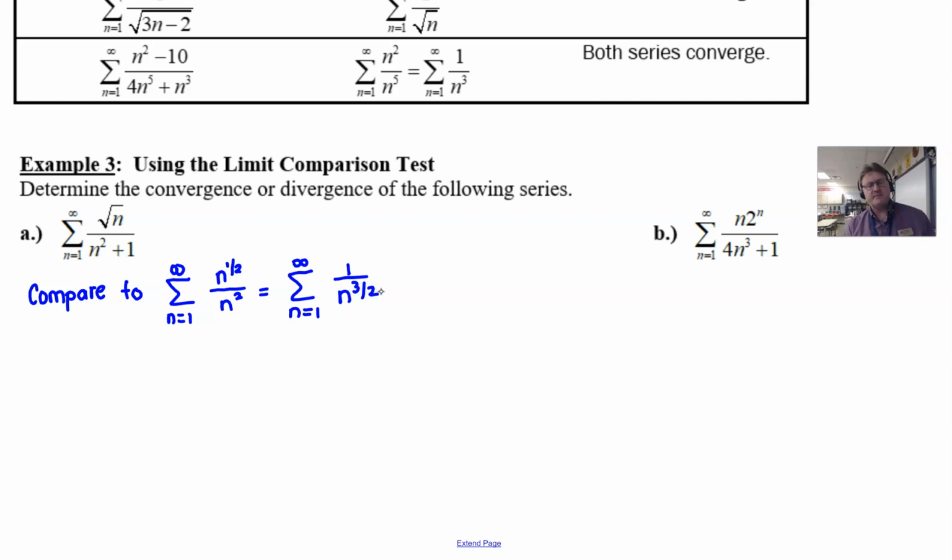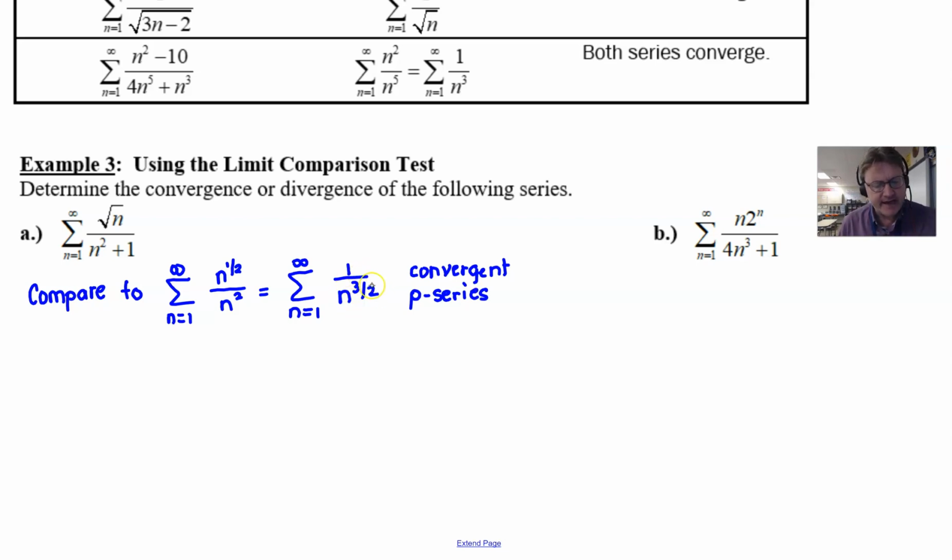Now it's highly important that you understand the behavior of this series and that this is indeed a convergent p-series. If you have to think about that for a second, that's okay. But if you really are lost on how this is a convergent p-series, I highly recommend that you go back and look at some 10.5 material again over p-series.